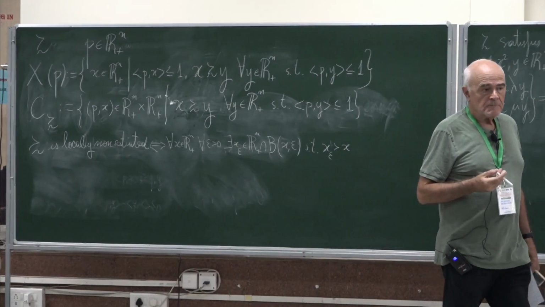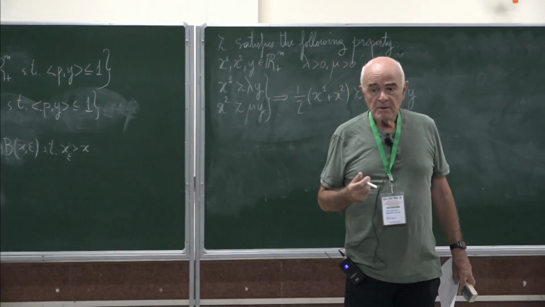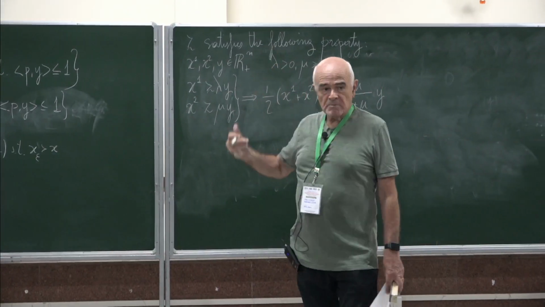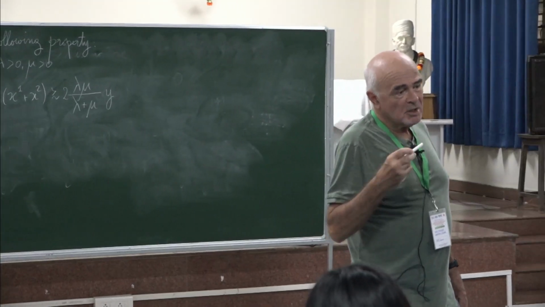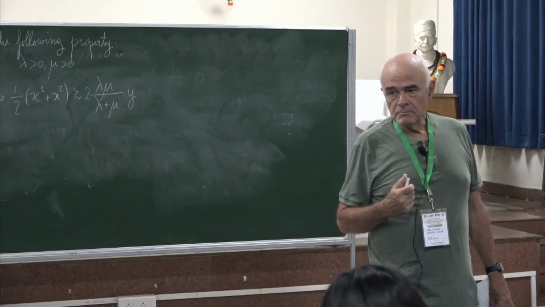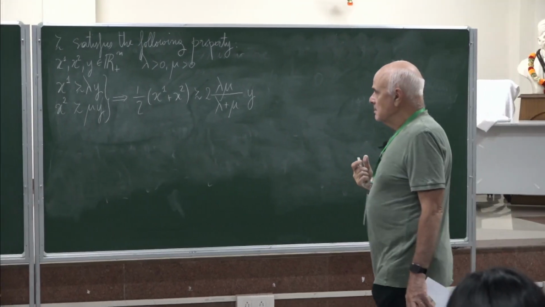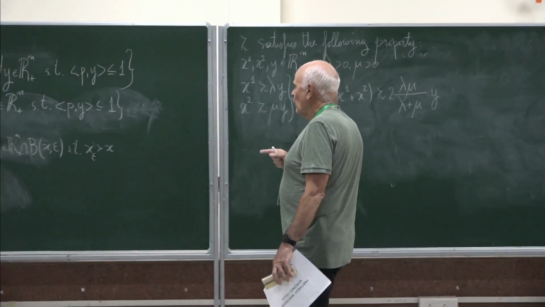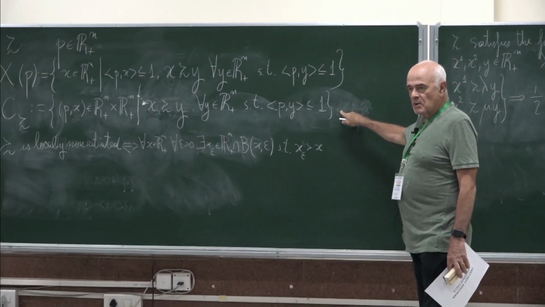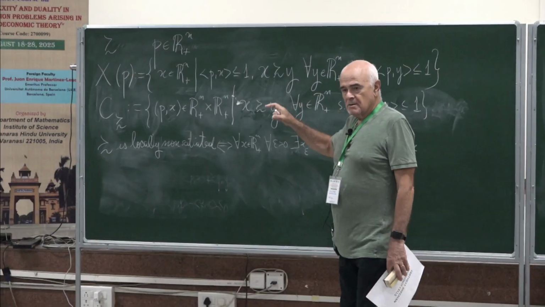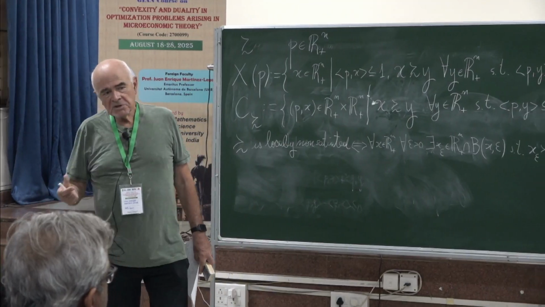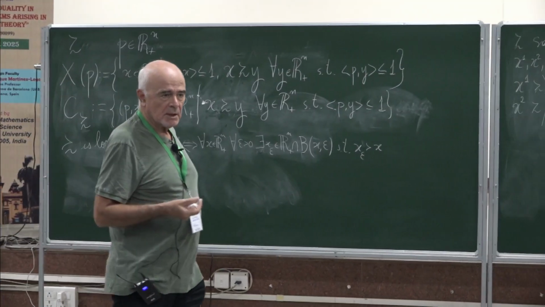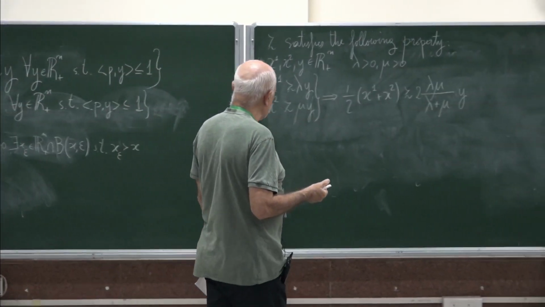So, in fact, we only need, in the previous statement, instead of writing that this set is convex, you can write midpoint convex. When you add closedness, then this means simply convexity.